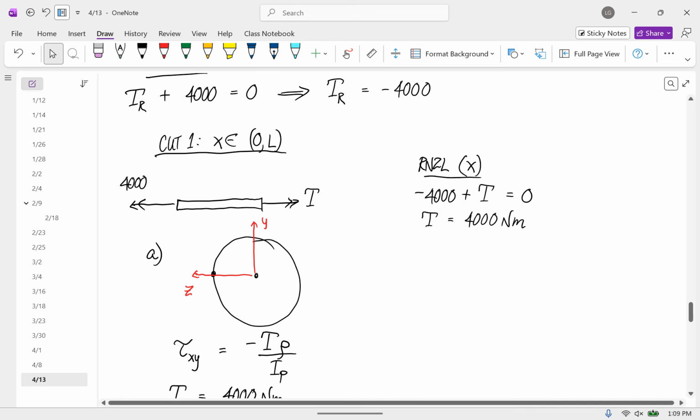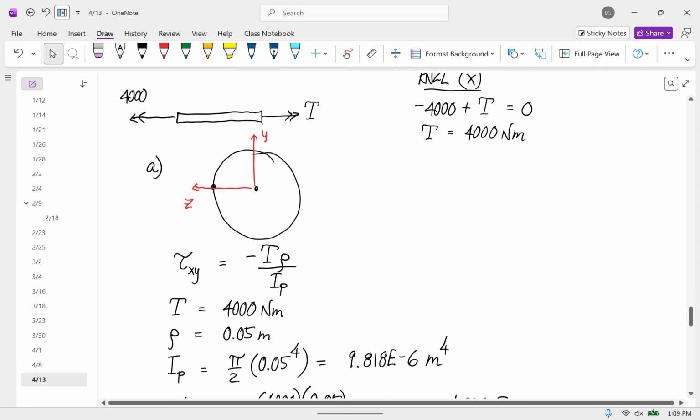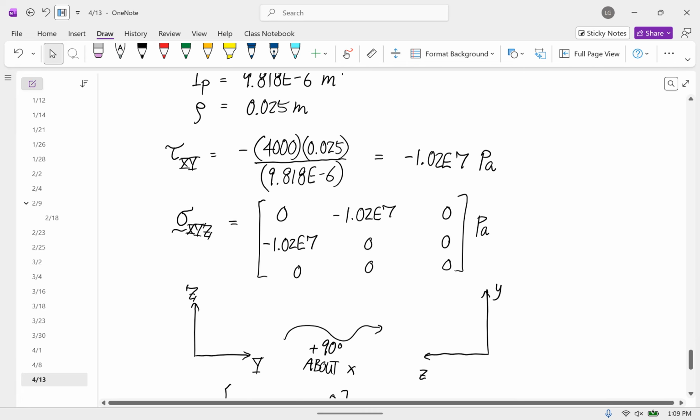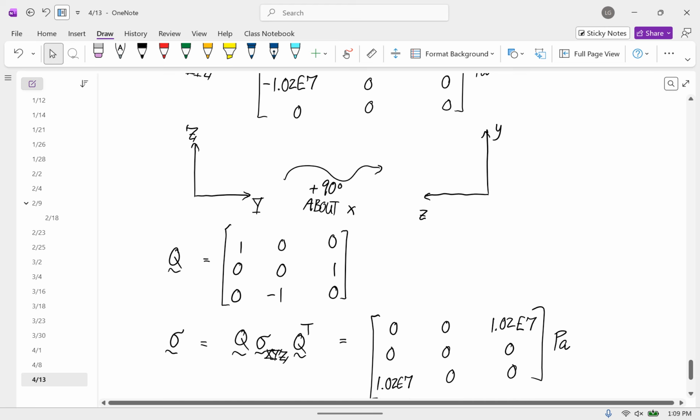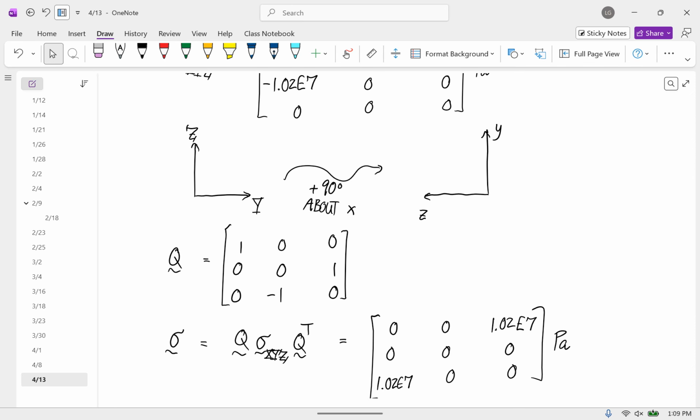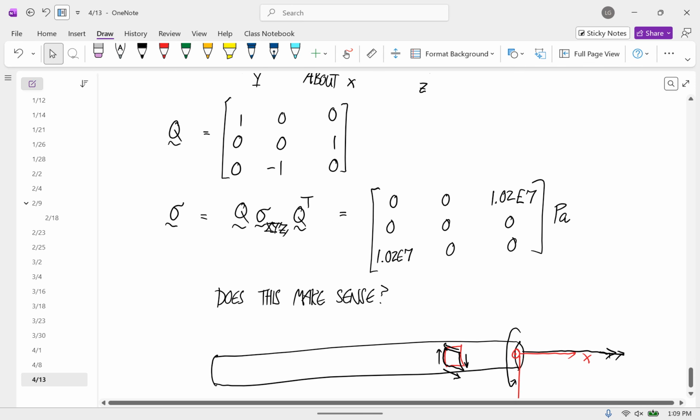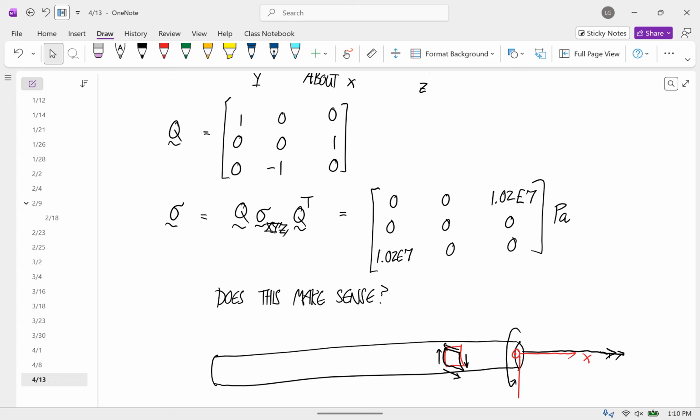Like, say that we wanted a point that was off at 12.6 degrees. What would you guess is going to happen when you apply those rotation matrices? Yeah, you just won't have like all of your xy and your xz shear stresses are all going to have values, and depending on what that angle is, those ratios will change.